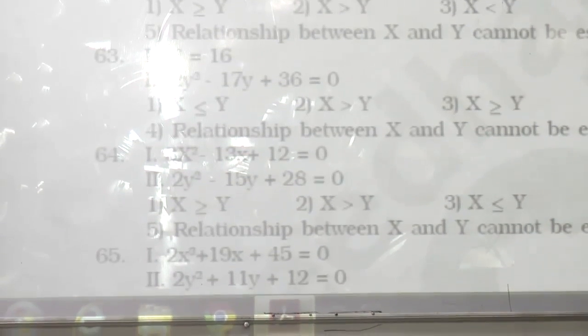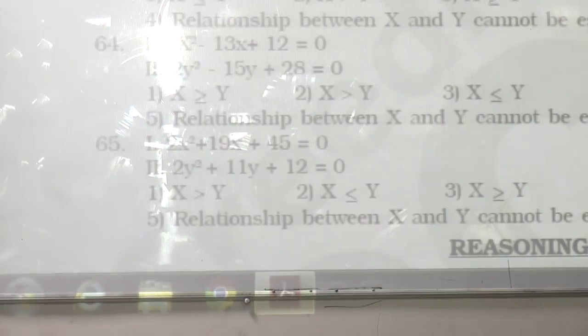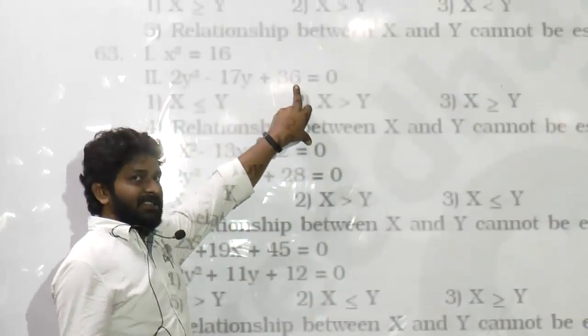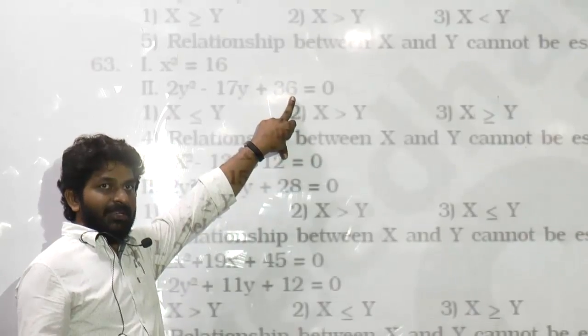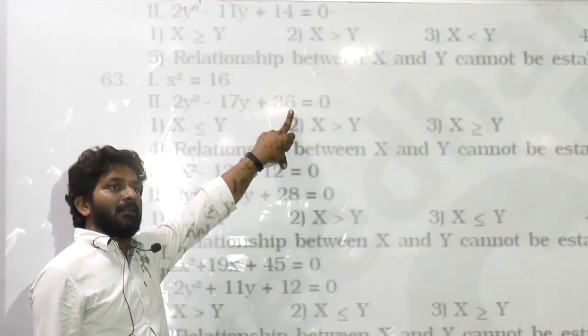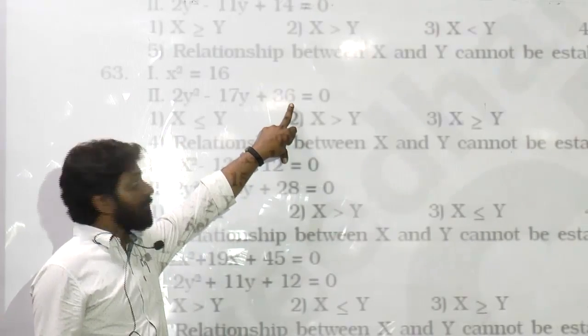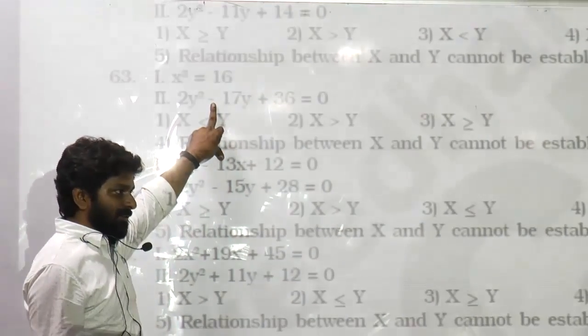X square is 16. What is x value? Plus or minus? Be careful. Plus or minus 4. And 2 36s, 72. 8 9s, 72. Minus 8 minus 9.